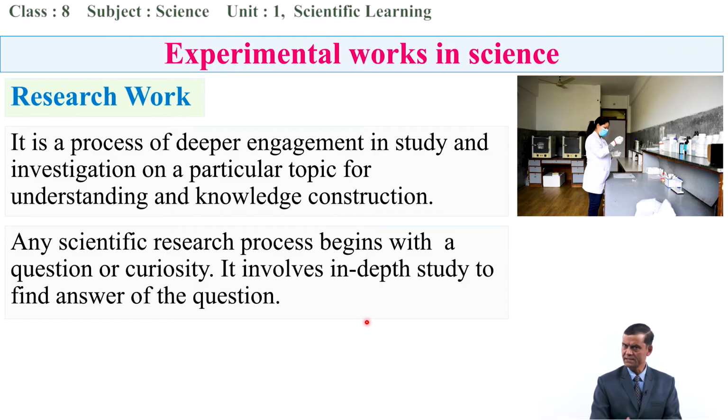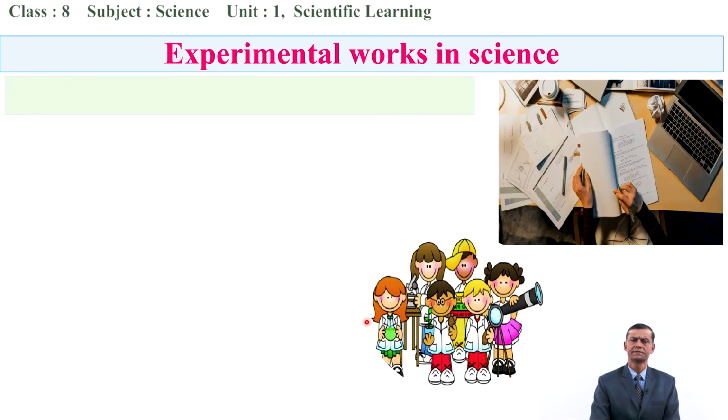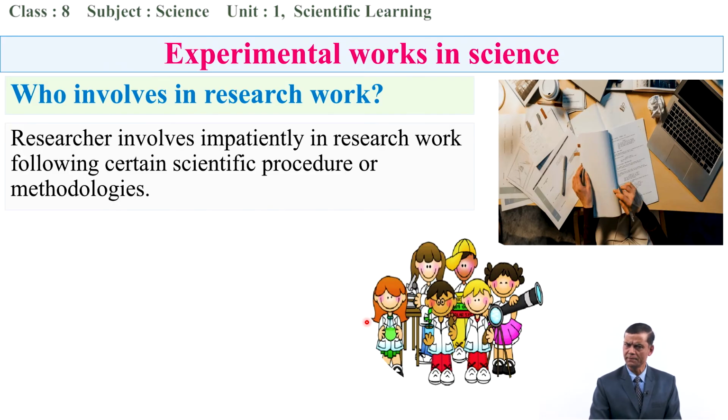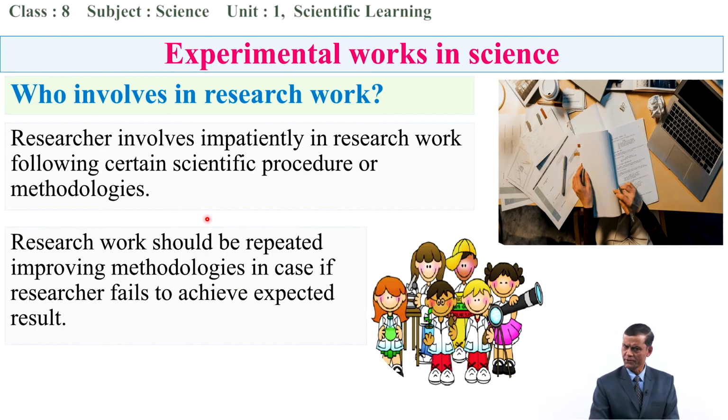Why should we engage deeply? To find the answer to the question, isn't it? To find solutions for the issues. And dear students, in research work, who is involved? Yes, we also can be involved, teacher can be involved, student can be involved, researcher can be involved. The researcher is involved patiently in research work, deeply, following certain scientific procedures or methodologies.